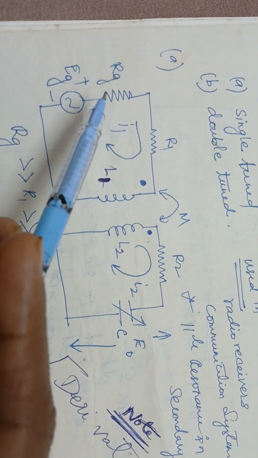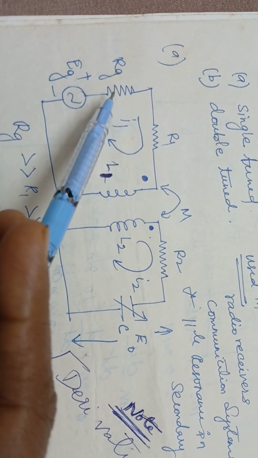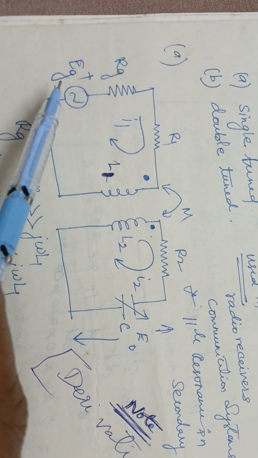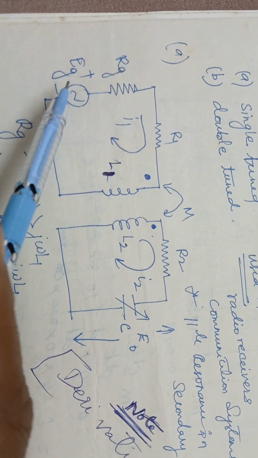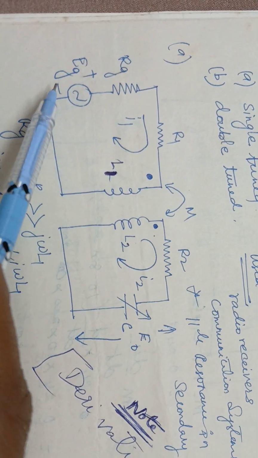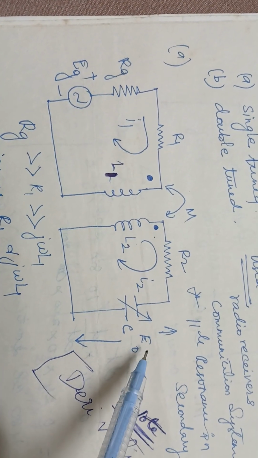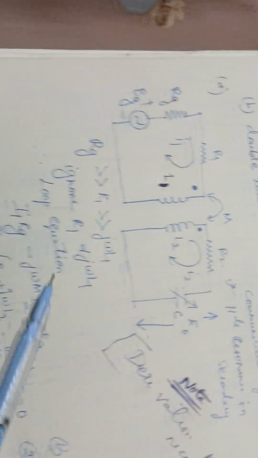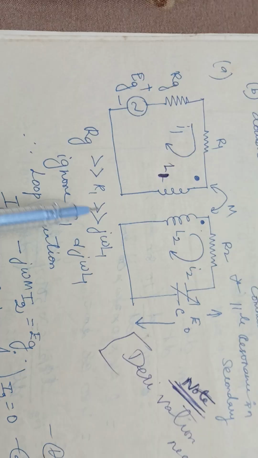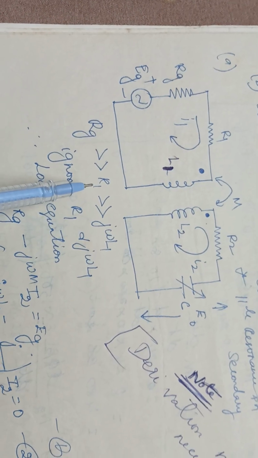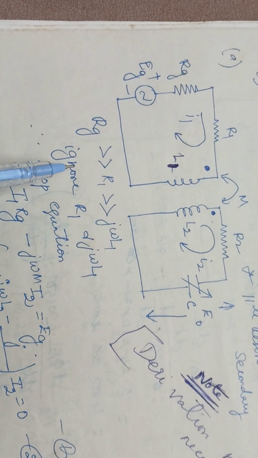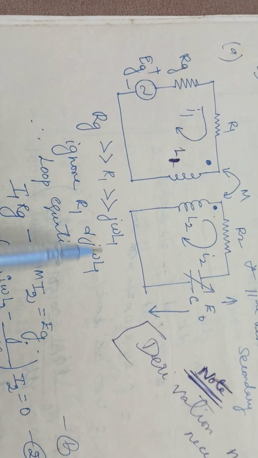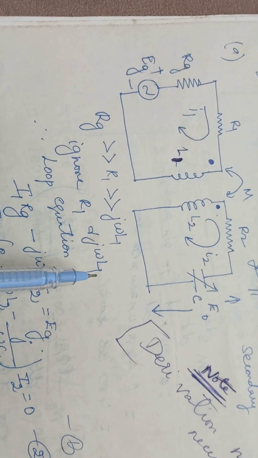Here RG is the input resistance, EG is the input supply voltage, and E naught is the output voltage. This is the circuit of the single tuned circuit. Here R1 is much smaller, so we are ignoring R1 and j omega L1.